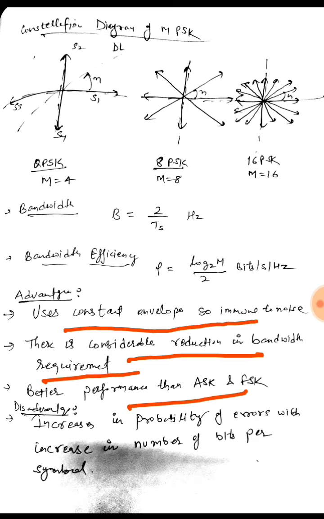But if we increase the number of symbols, an increase in probability of errors with increase in number of bits per symbol would take place. So if we increase the number of levels, that would in return increase the number of bits to represent one symbol, and hence it will increase the probability of error as well.